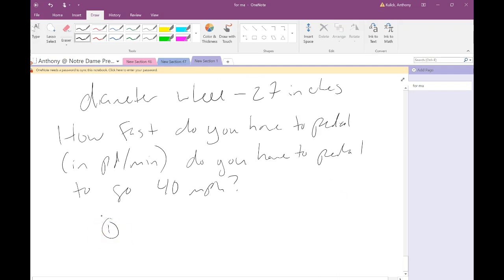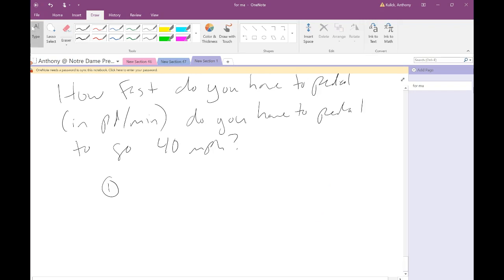And there are really kind of two ways that you could do something like this, and they're both essentially the same way. In the lab, we suggested you could figure out the conversion factor for 1 pedal rev equals how many inches.